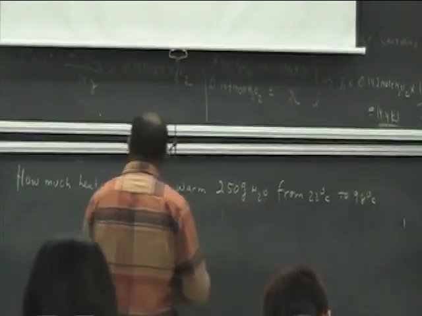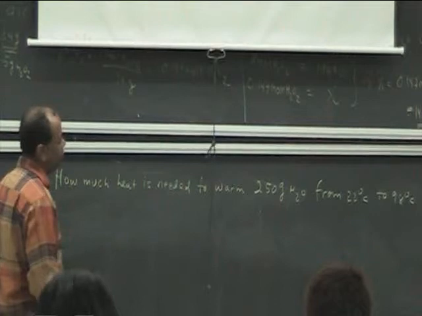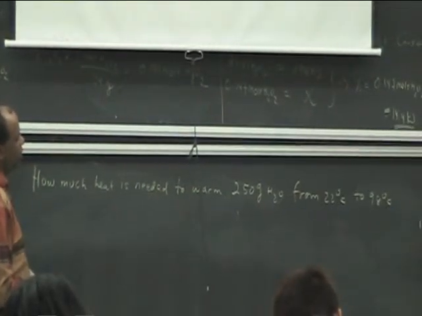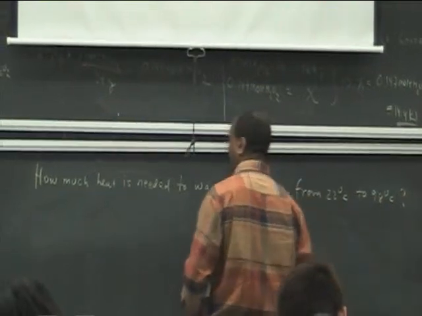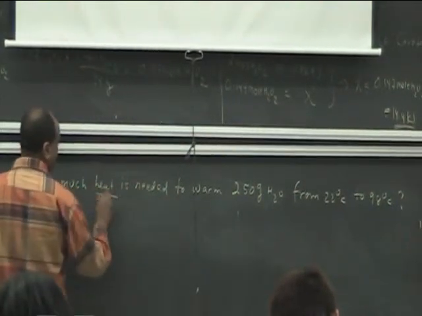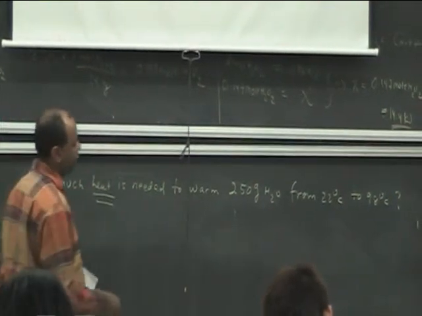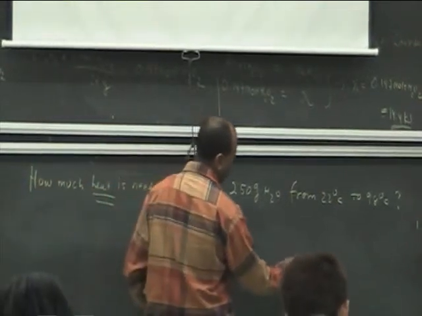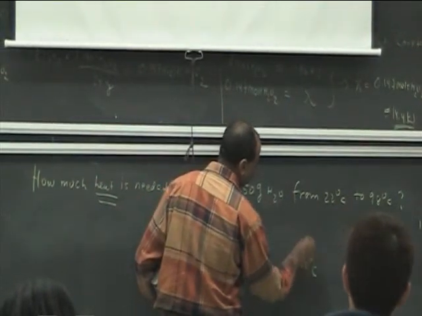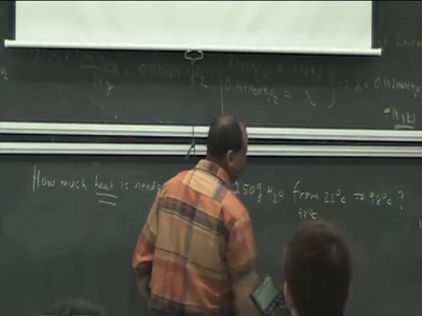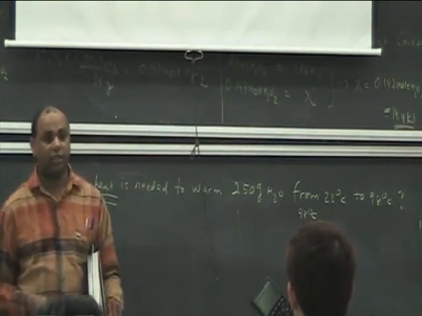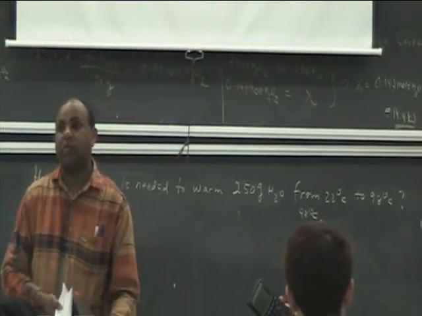Okay, how much heat is needed to warm 250 grams of water from 22 degrees centigrade to 98 degrees centigrade, right? So if you want to warm 250 grams of water from 22 to 98, heat is added, right? There must be some kind of heat added.